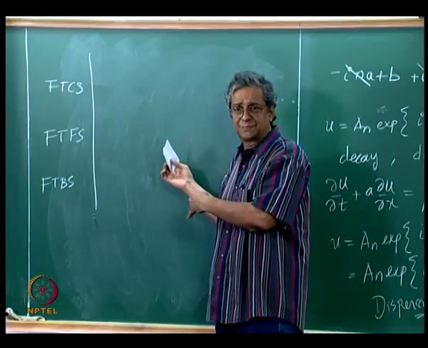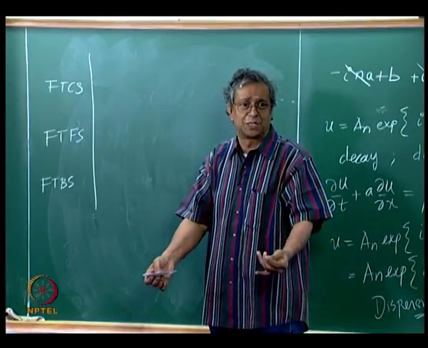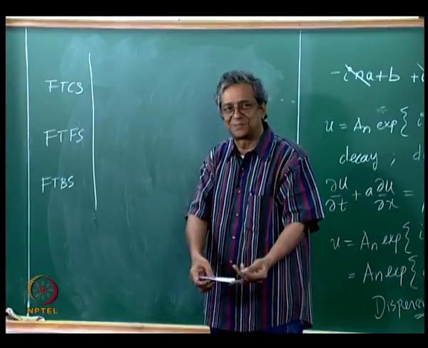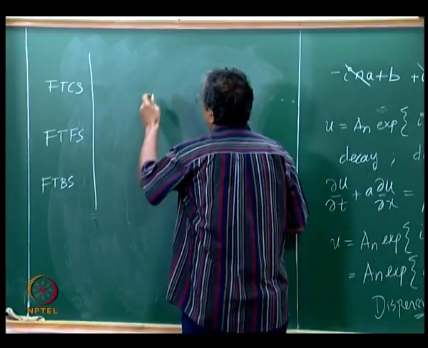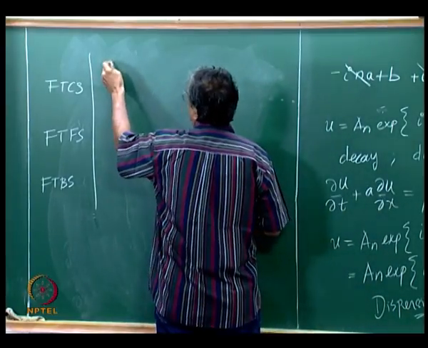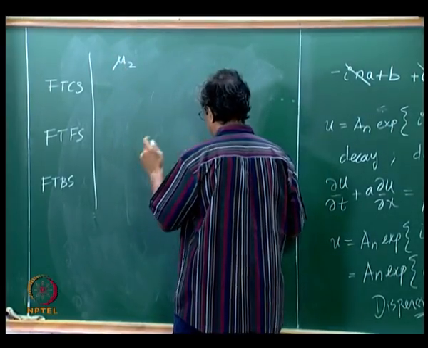I have done all of these manually, because even though I have done them using a symbolic manipulator, I did not trust the symbolic manipulator, I actually did it manually. So what I will do now is first write mu2. This is the mu2 term for FTCS.